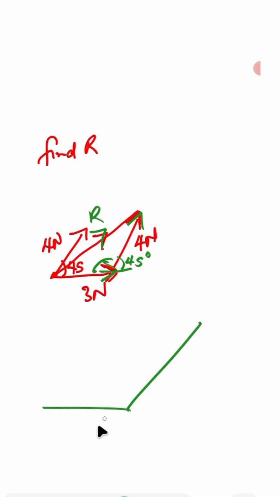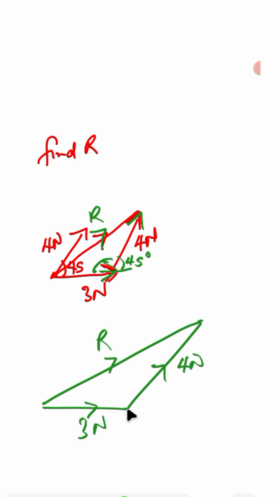So it will just look like this. You have 3 Newton here, 4 Newton here. Then this is the actual direction. This is the resultant we're looking for. So for the angle, 45 degree will be outside here, but the one inside here will be 180 minus 45. That's 135. So you can now use cosine rule.